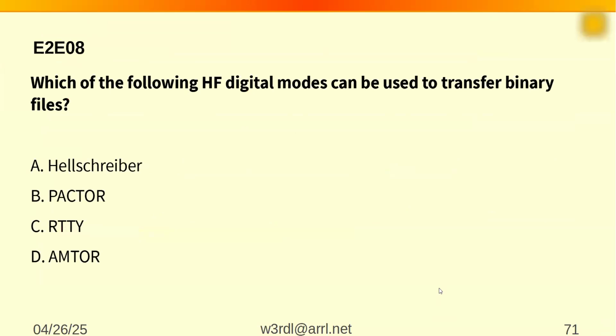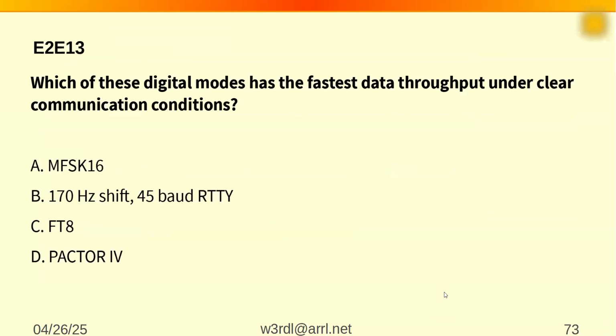Which of the following HF digital modes can be used to transfer binary files? It's... Which of these digital modes has the fastest data throughput under clear communication conditions?